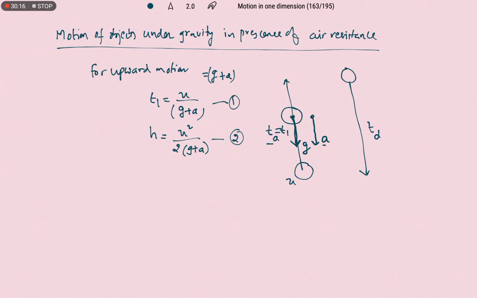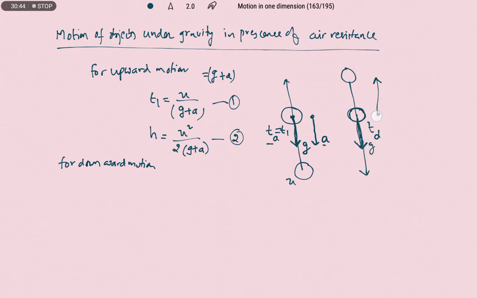Now let us apply this for downward motion. For downward motion, what will happen? Acceleration due to gravity acts downwards itself. But what is the direction of the air friction? In this case the air friction acts upwards, because the friction force always acts on bodies opposite to their direction of motion.